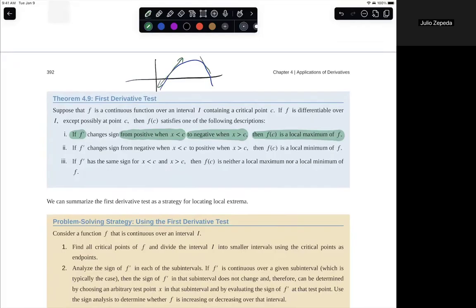It changes sign to negative, and so the critical point in between must be a local maximum. If the sign changes from negative to positive, then f of c is a local minimum. And if f prime has the same sign to the left of c and to the right of c, then f of c is neither a local max nor a local minimum.